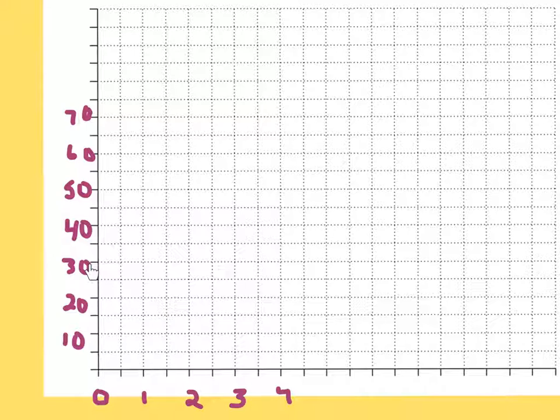And so what I need to do is go through and plot these points that I had. I'm going to do the best that I can with my fingers to get it on the intersection of the line, and I apologize if it's not perfect. Our first point was 0, 0, so when we bought 0 tickets, it should be right there. It was $0. Remember, this is y, the money over here, and down here is the amount of tickets that you buy.